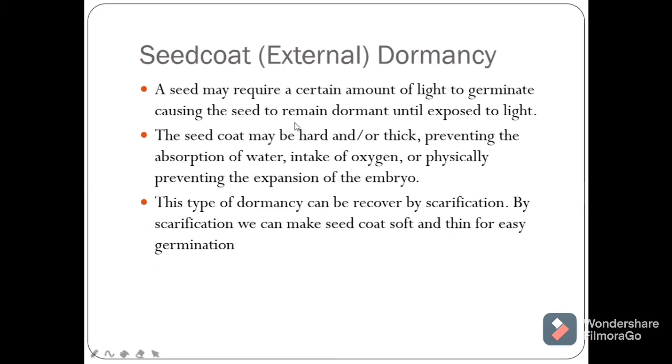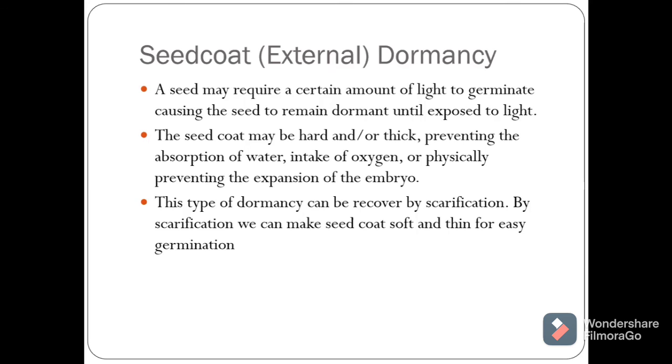Now, external dormancy. This dormancy may occur due to a hard seed coat, right? And a seed may require a certain amount of light to germinate, causing the seed to remain dormant until exposed to light. This kind of dormancy can be broken, right? The seed coat may be hard and thick, and may prevent the absorption of water, prevent the intake of oxygen, or physically prevent the expansion of the embryo.